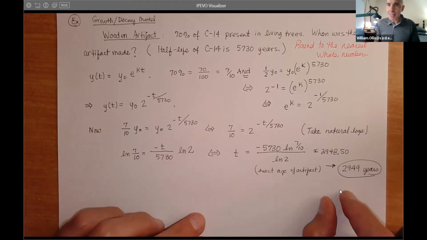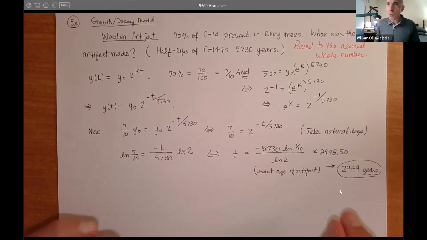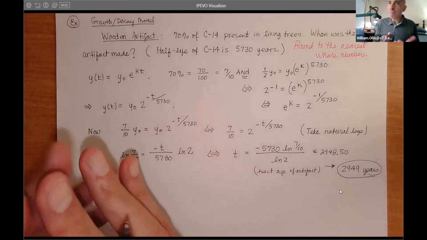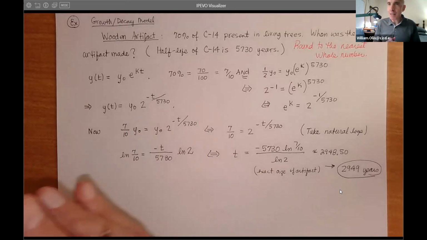But what we see is that we get a really, really good ballpark figure of the age of something. You think about the archaeologists when they use the carbon dating with the tombs of the pharaohs in Egypt and things of that nature. So the science and the math mix together to provide information that is very, very useful.